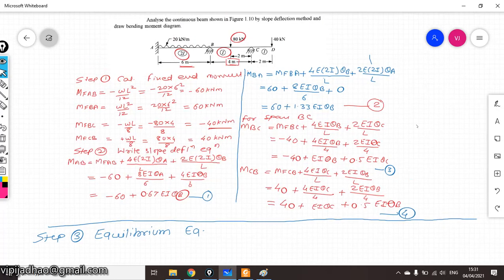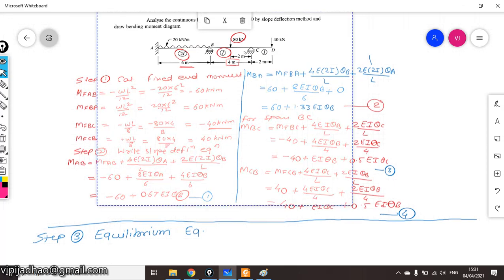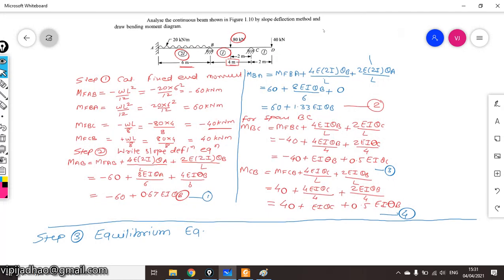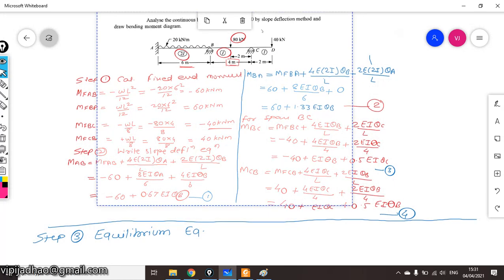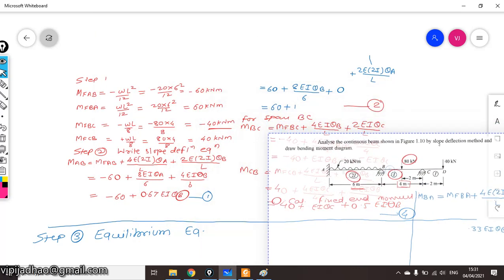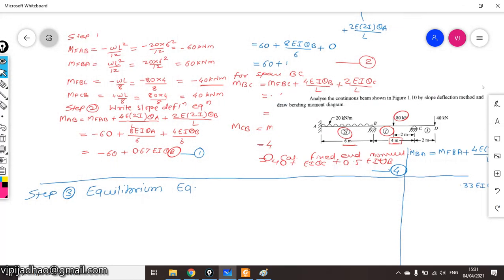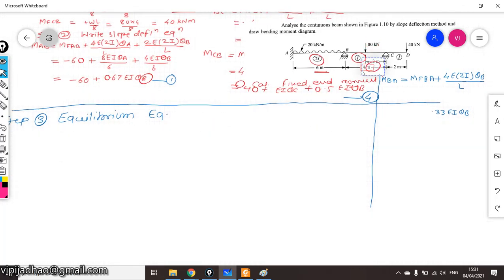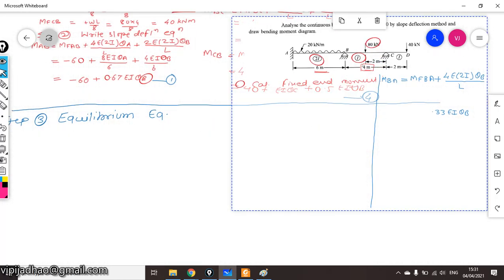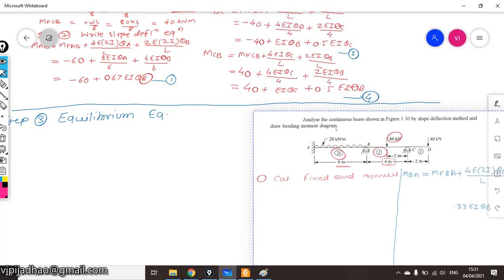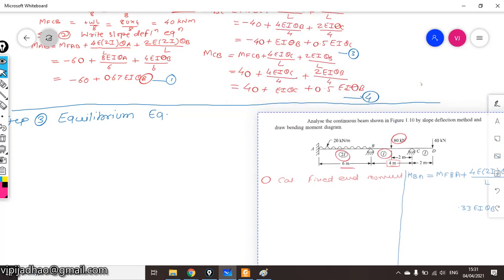Now you can see we have a beam like this.